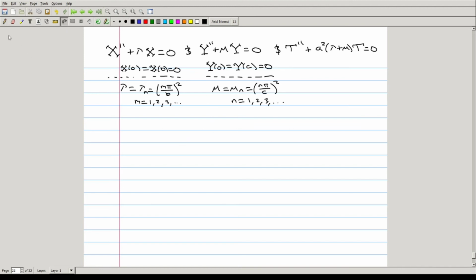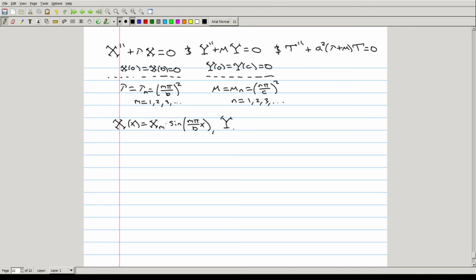Not only that, but you have the general solution for x is going to be x m, we'll leave the arbitrary constant up front, as xm times sine of m pi over b times x.